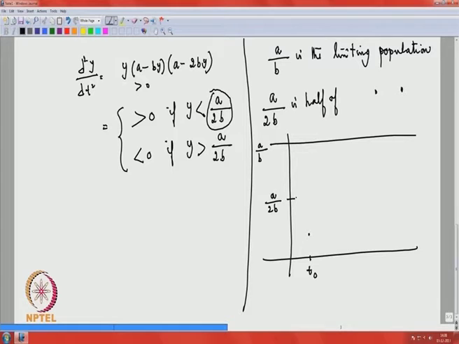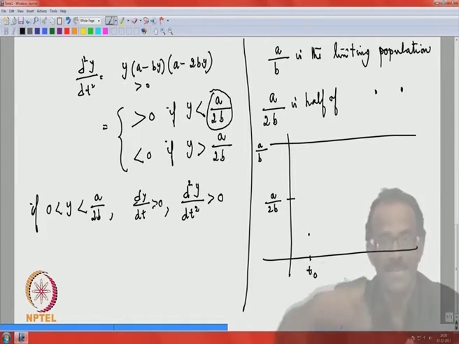If 0 is less than y less than a by 2b, in this interval dy by dt is positive and d square y by dt square is also positive. What does that indicate? If both are positive, the function is not only increasing, you can think of the second derivative as its acceleration. So, you have an accelerated growth.